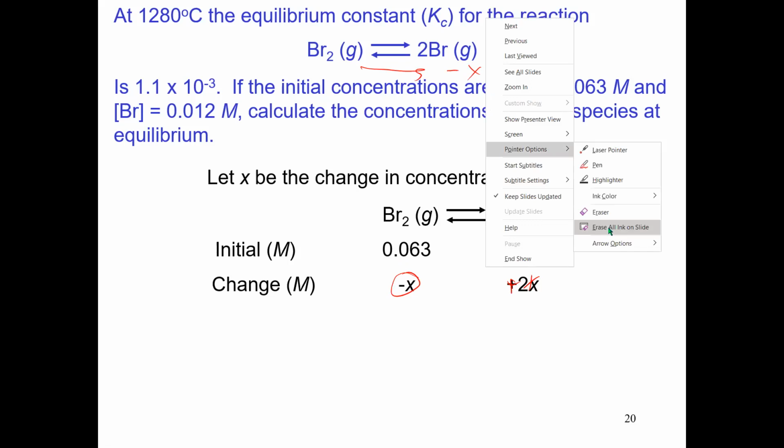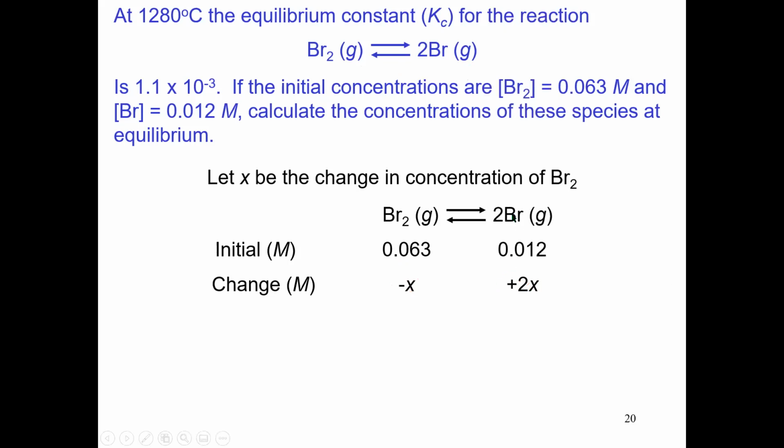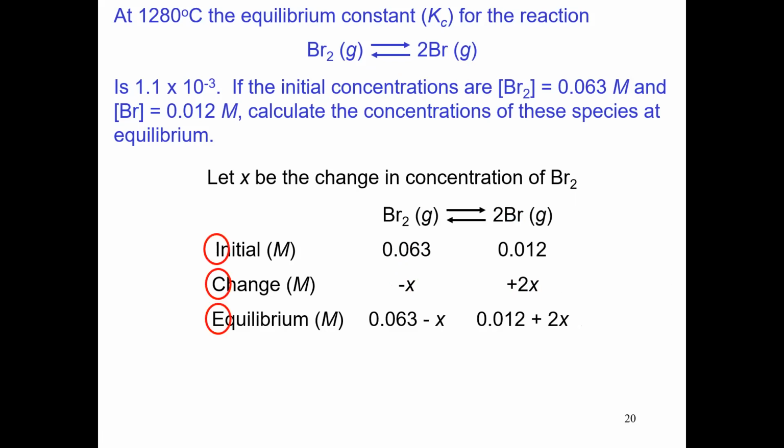So it'll be 2X because you have two bromines. This breaks up and you get plus 2X for the change. The equilibrium there will then be 0.63 minus X. The other one will be 0.012 plus 2X. And that's called the ICE method.